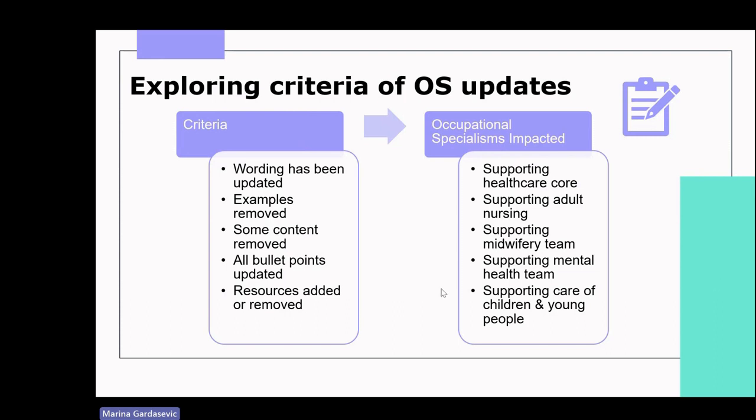The criteria wording has been updated, examples removed, some content removed, all bullet points updated, and resources added or removed will be contextualised to supporting healthcare core, adult nursing, supporting midwifery team, supporting mental health team, and supporting care of children and young people. As you will note, there are no updates to supporting therapy teams in this year's annual review.